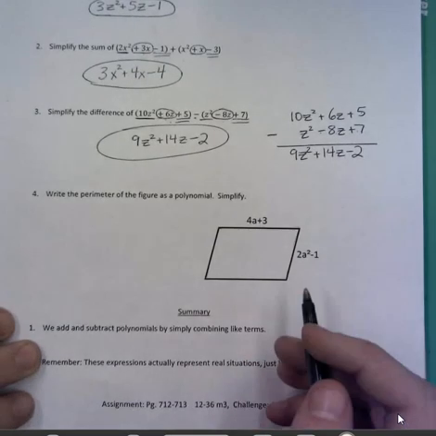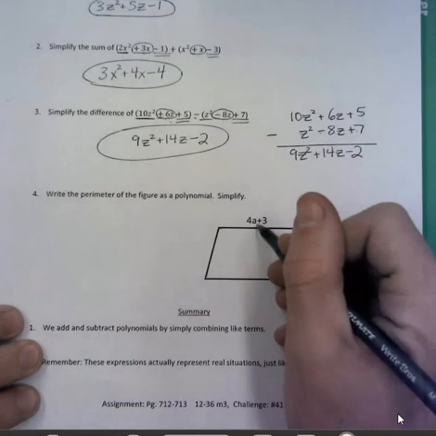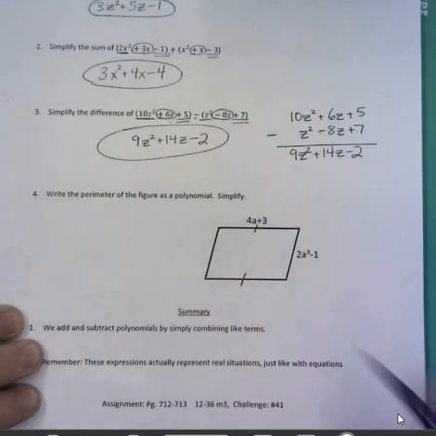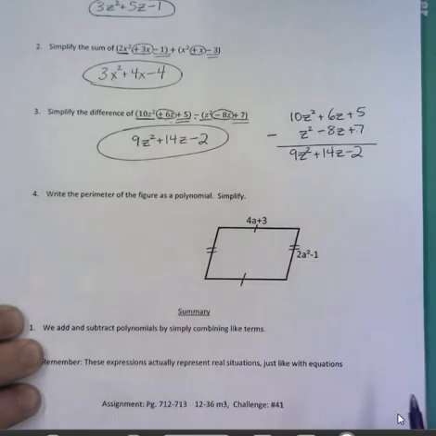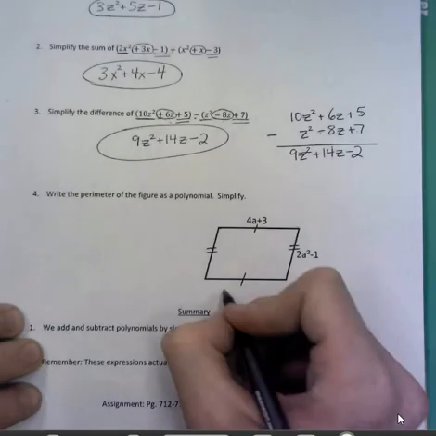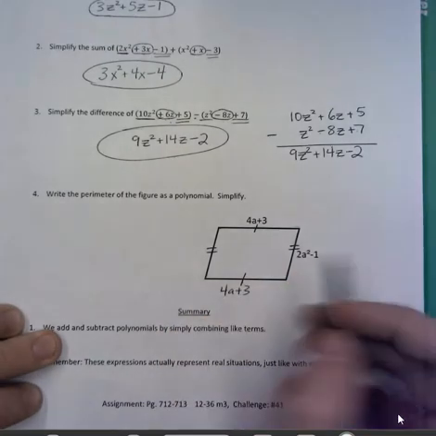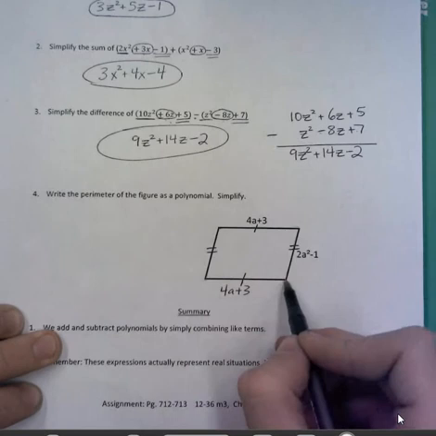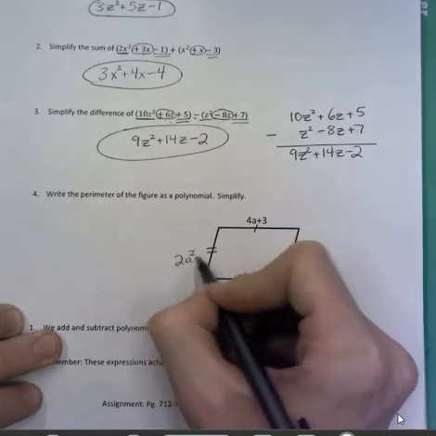But you should acknowledge that since this is a parallelogram, this side and this side should be the same length, and this side should be the same length. What does that mean? That means I've got 4a plus 3 over here. That's the distance from here to here. And this is going to be 2a squared minus 1, just like the other side.